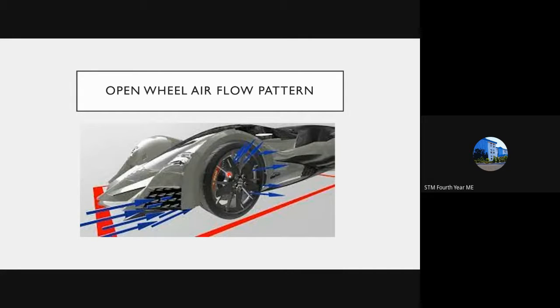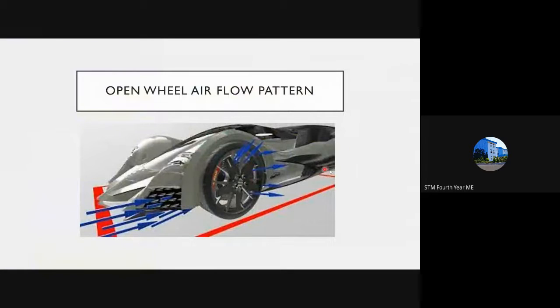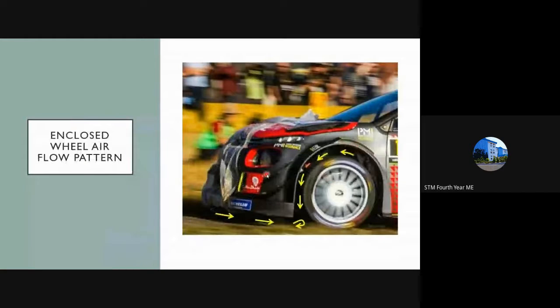If we look from the front end, there is also a possibility of the air going underneath the car rotating in this manner due to the rotation of the wheel. So there are two patterns of airflow: first is through the open wheel, and another is inside the enclosed space of the tire.